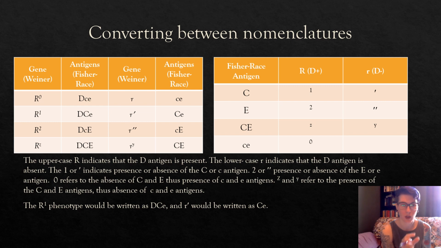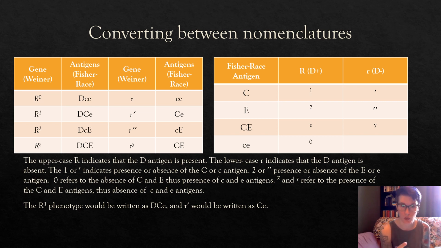So if you have RO or little r, just think there's 0 changes from the reference allele. So a big R, O will be a D and a little c and a little e. 1 means big C. So if you have R1, the big C is different from the reference allele.